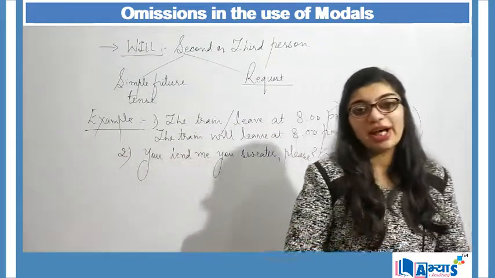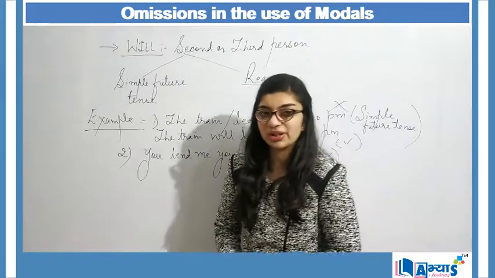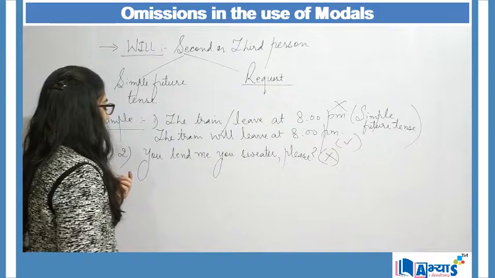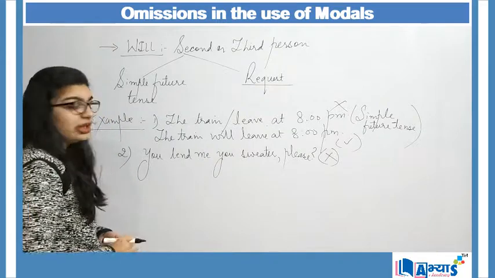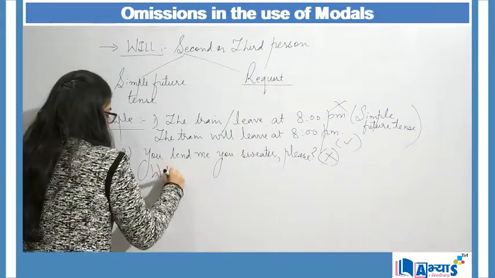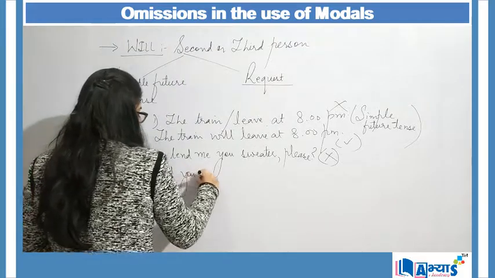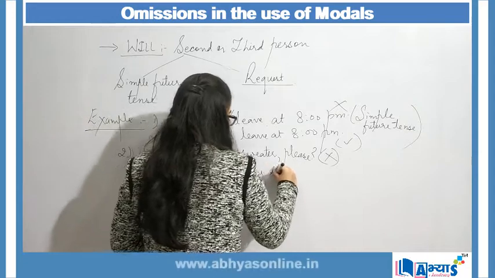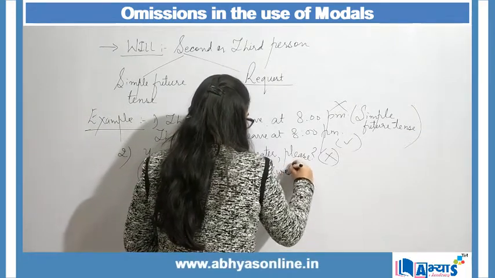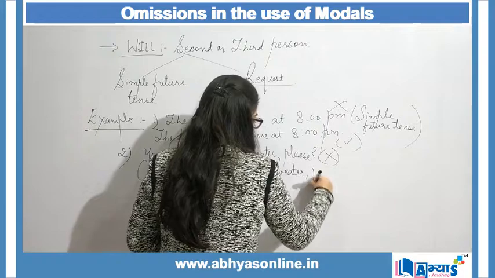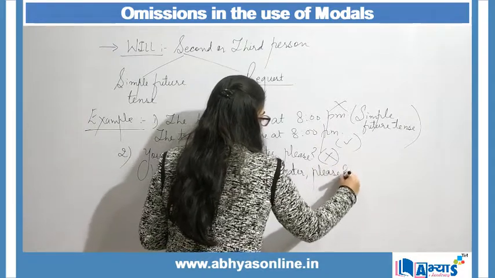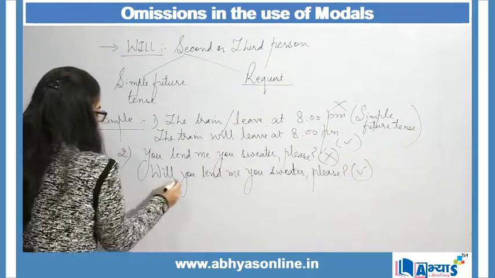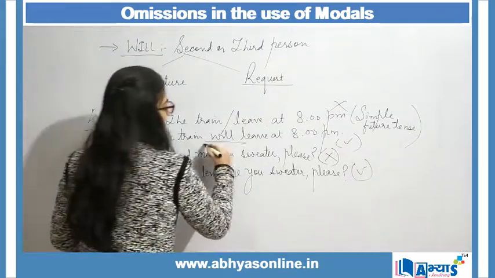I have to find out which word is omitted. And I know that here, since there is a request, the word will be will. I will say, will you lend me your sweater, please? When I say, will you lend me your sweater, please? Now my sentence is correct because I have my modal will over here.